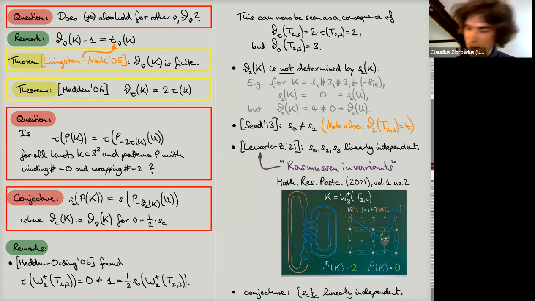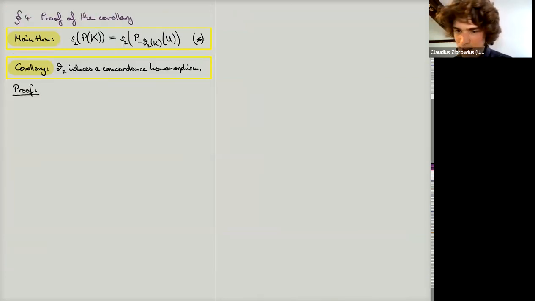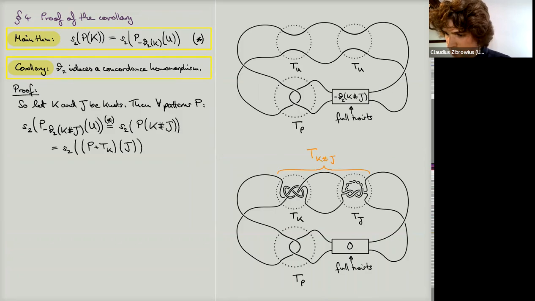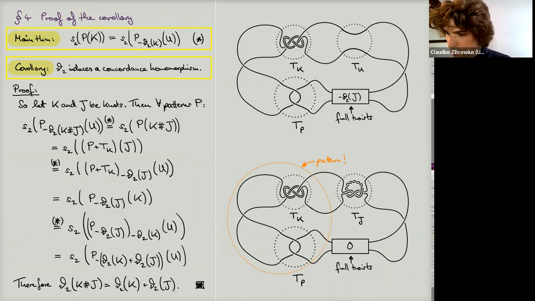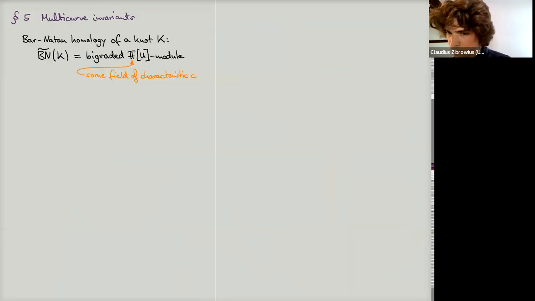In the interest of time, I will skip the proof of this corollary, but let me just say this is really a very simple exercise. Maybe I should leave this as an exercise. So let me quickly skip through these slides and go straight to the proof of the main theorem.